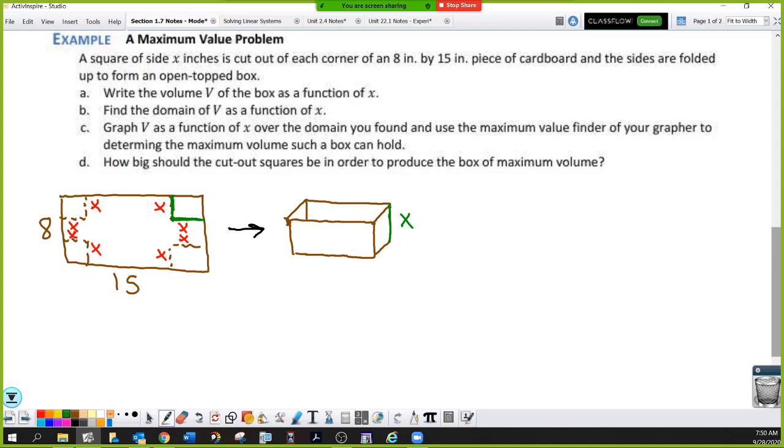Well, this side down here was 15. But after I stamp my squares out, what's left? 15 minus 2x. This is because we removed an x here and we removed an x here. So it's 15 minus 2x.